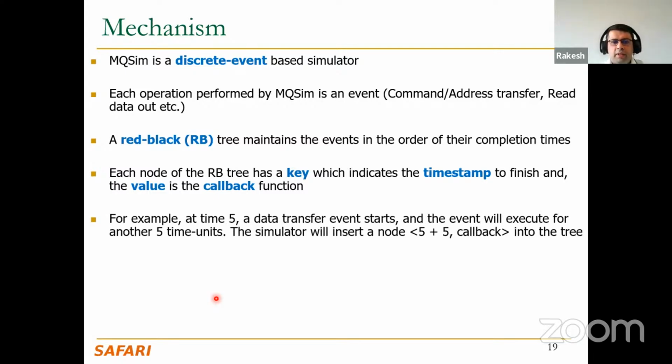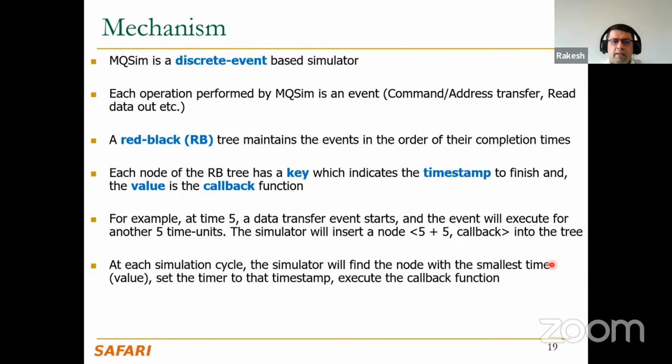So for example, if we are currently at simulation time 5, and a data transfer event starts, and it takes around 5 time units to complete, the simulator will insert a node in the RB tree with the following key and value: 5 plus 5, and the callback function which the engine has to call to mark the completion of the event.